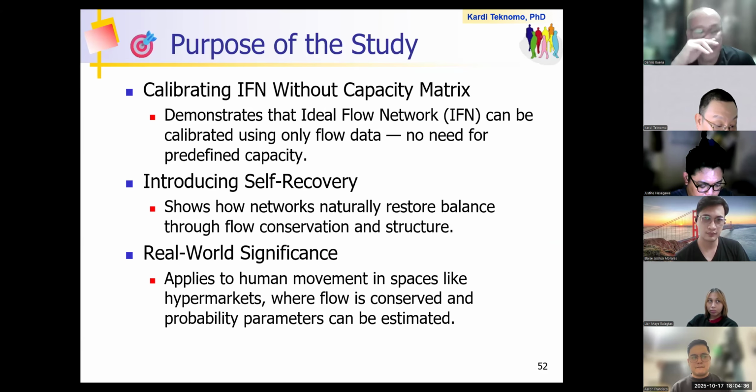No need to predefine capacity. And the main part here, I want to introduce self-recovery. We will show that the network naturally restores the balance through flow conservation. And I want to introduce you to the cloud nodes. That's the main point here.